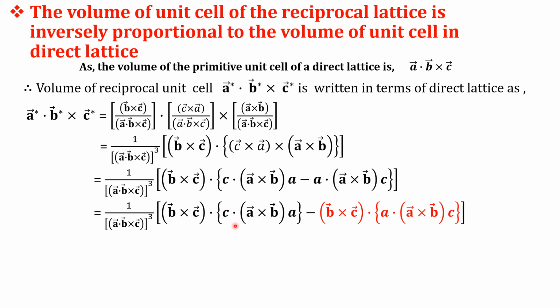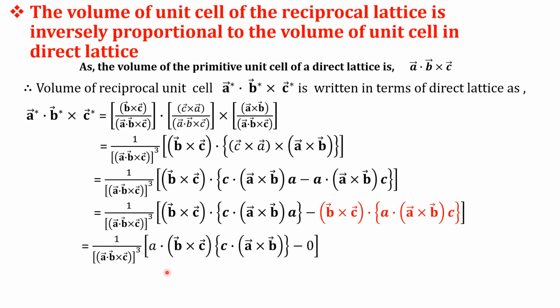Inside the bracket is C dot A cross B A minus second term B cross C dot A dot A cross B C. But the second term inside the bracket is 0. Since A dot A cross B is 0, therefore total term we keep 0. Only we simplify the first term.